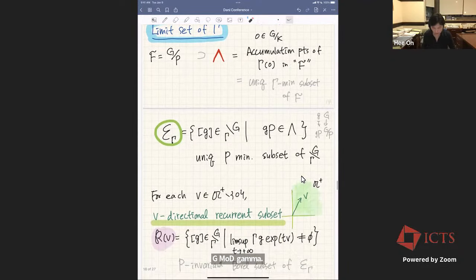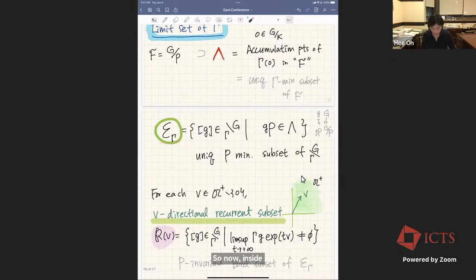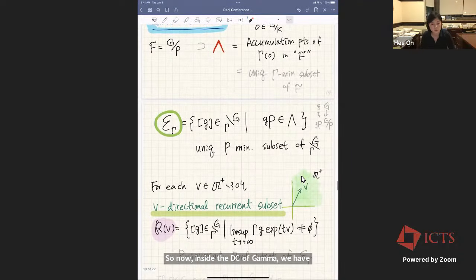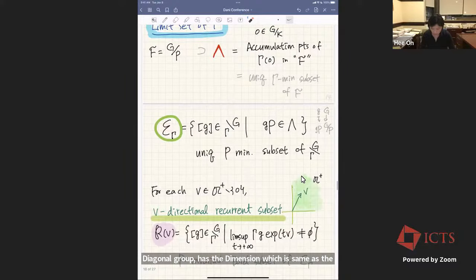So now inside this E sub gamma, we actually have a family of what we call directional recurrent subsets. In the rank 1 case, we talked about the recurrent set under the geodesic flow. But in the higher rank case, we have many directions, not only one direction, because the diagonal group has dimension the same as the rank of G. So for each vector v in the positive Weyl chamber, we'll consider what we call the v-directional recurrent subset.